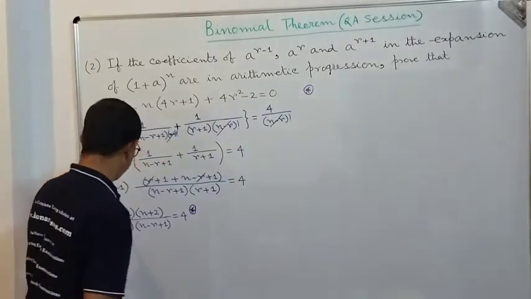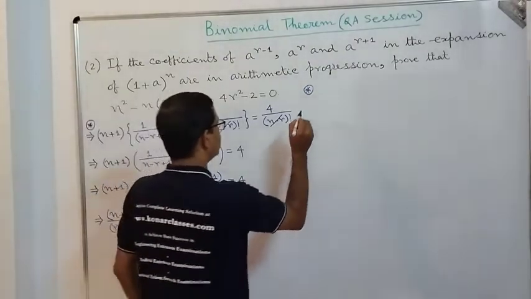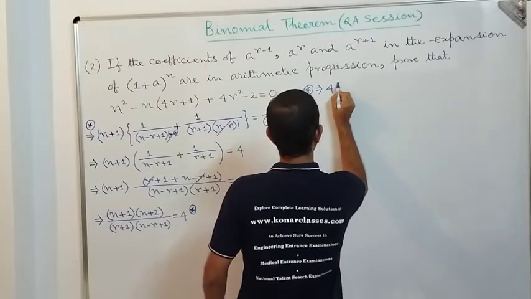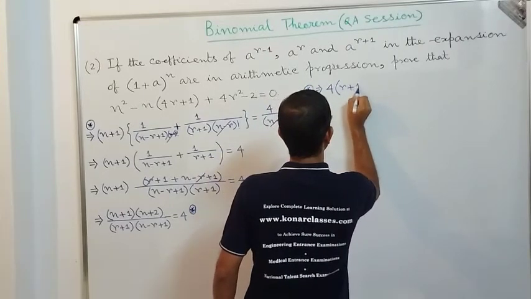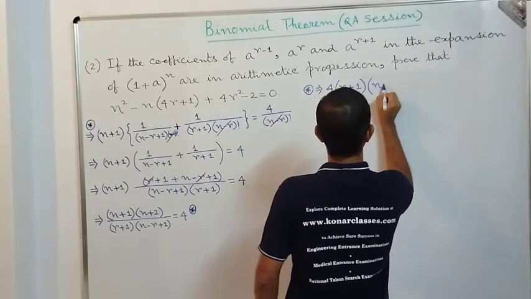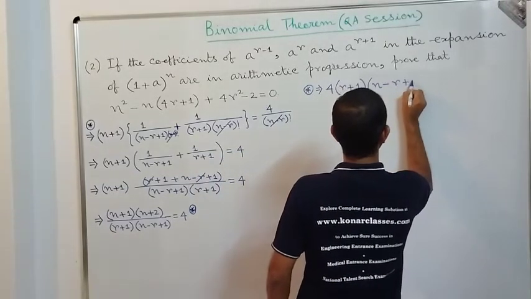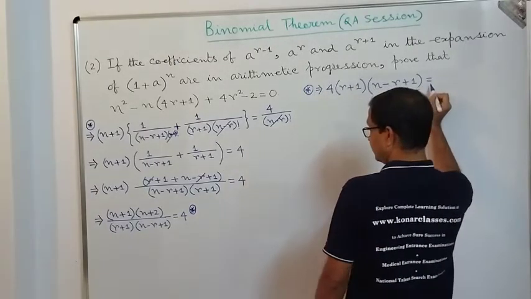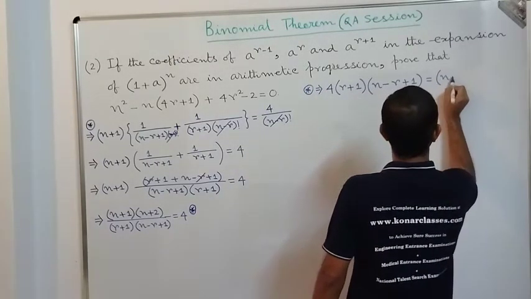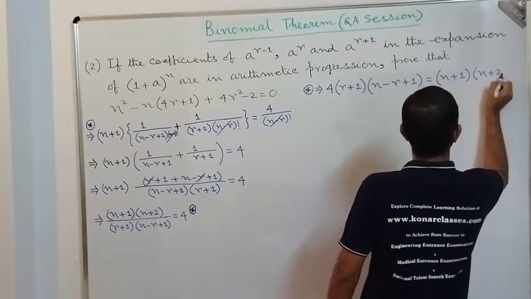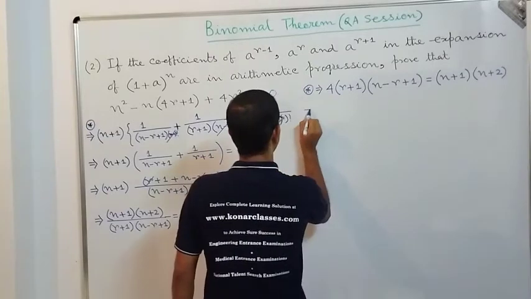So let's make 4 into r plus 1 into n minus r plus 1 equal to n plus 1 into n plus 2. So what we get, dear students?